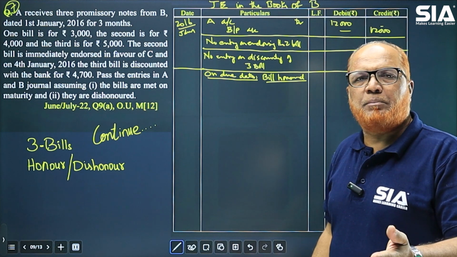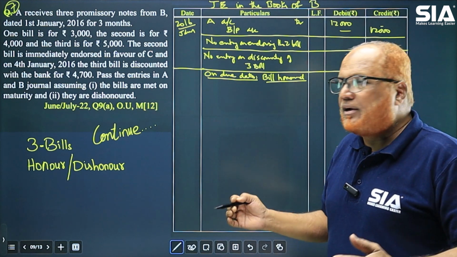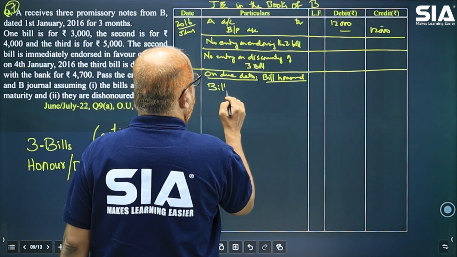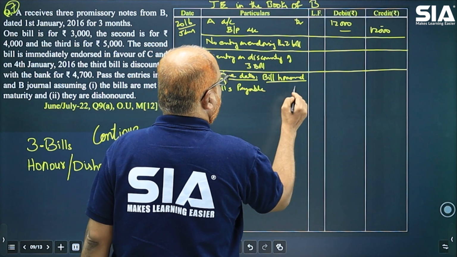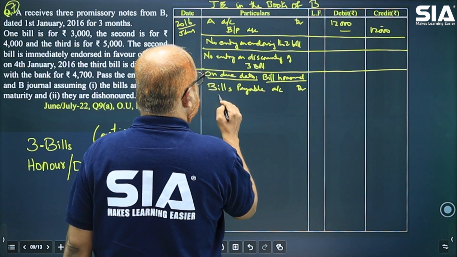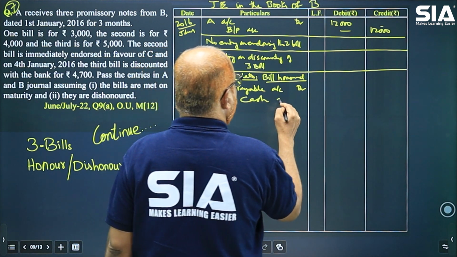First bill is honored, second bill is honored, third bill is honored. So what will he do? He will debit bills payable account, and credit cash account or bank account.